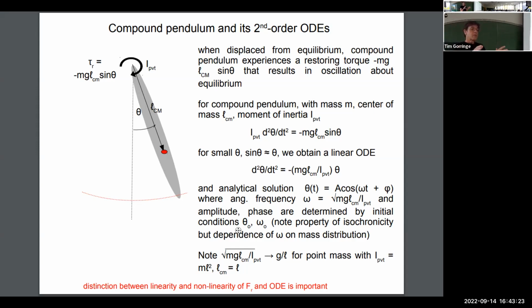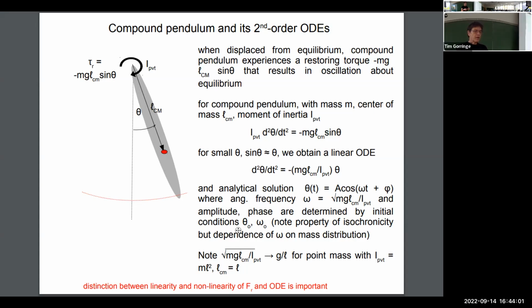The way you analyze the motion of the compound pendulum, and I'm going to go through this pretty quickly because it is just the parallel of the simple pendulum, is think about the gravitational torque on the compound pendulum, like you thought about the gravitational force on the simple pendulum. So there's a gravitational restoring torque on the compound pendulum, like there was a gravitational restoring force on the simple pendulum, that tries to return the compound pendulum towards the equilibrium.